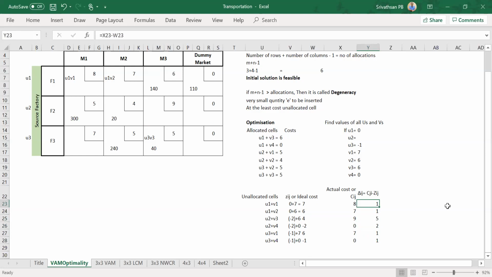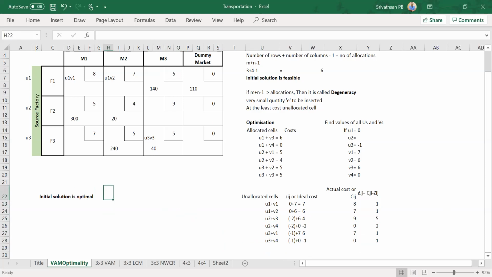So our initial solution is feasible, and since there are no negatives here, it is optimal. My initial solution itself is optimal. That is the conclusion in this problem.